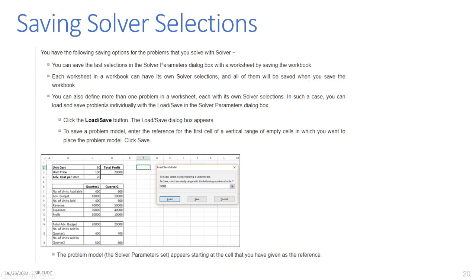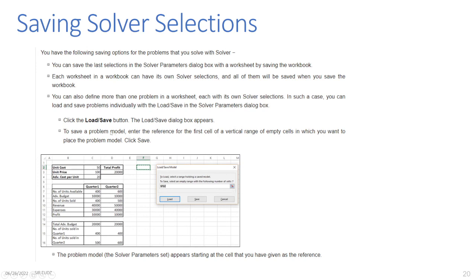You can also define more than one problem in a worksheet, each with its own Solver selection. In such a case, you can load and save problems individually with the Load/Save in the Solver Parameters dialog box. Click the Load/Save button and the Load/Save dialog box appears.